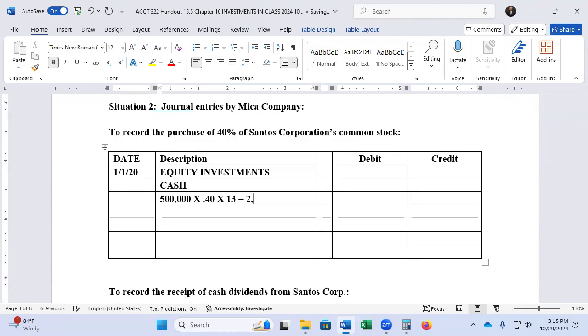And so that total is 2.6 million. So we have a debit of 2.6 million and a credit of 2.6 million. Okay.